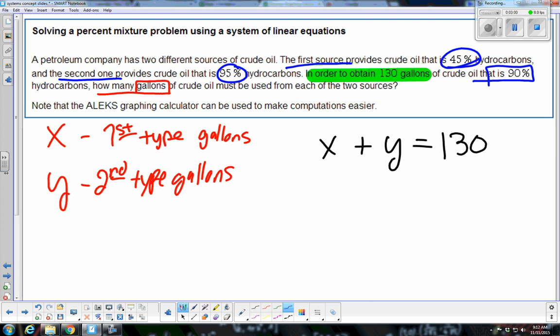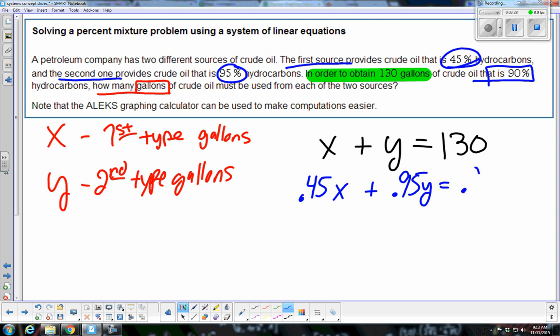So what we want to do is think about it. If we know the first source has 45% hydrocarbons, we're going to call it 0.45 times my first source gallons. So that's how many hydrocarbons are in that many gallons I use. And if I add that to the hydrocarbons in the second source, which is 0.95 times the second source, that will give me a total, and I want a final mixture that is 0.9.